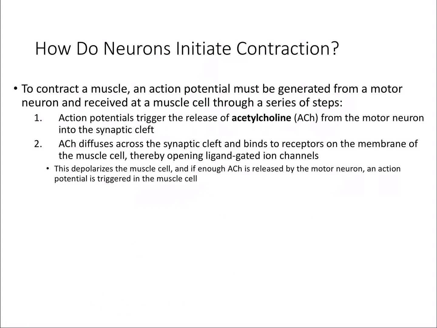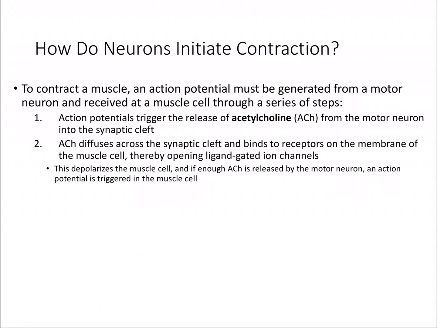All of that is happening at the filament level to contract the muscle. What's happening with the nervous system here? This is the part we already know from last chapter about action potentials. In order to contract a muscle, motor neurons need to send an action potential down to the muscle cell and release acetylcholine, the neurotransmitter that's sent from the neuron to the muscle cell.